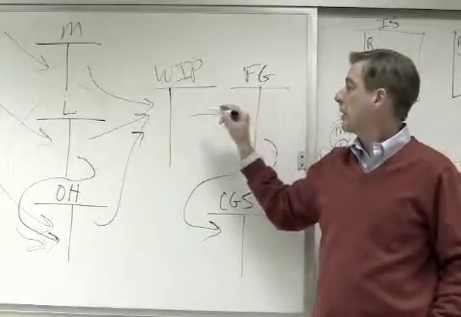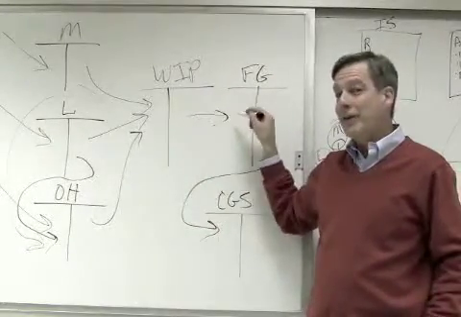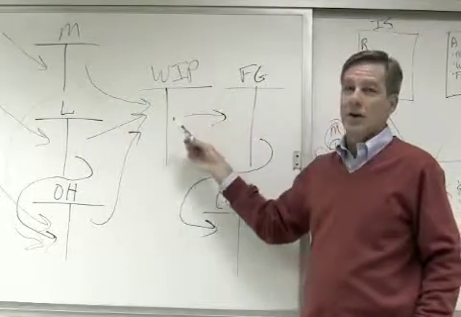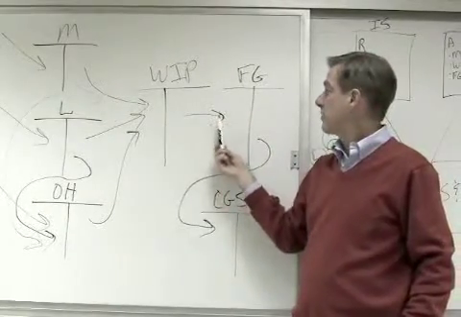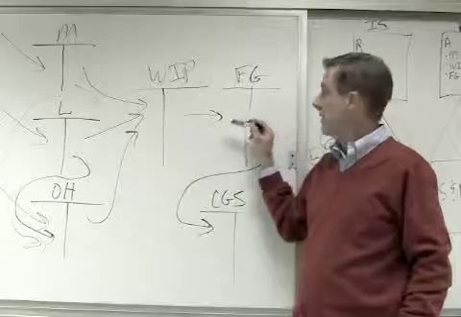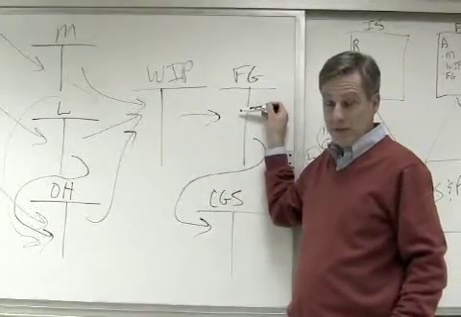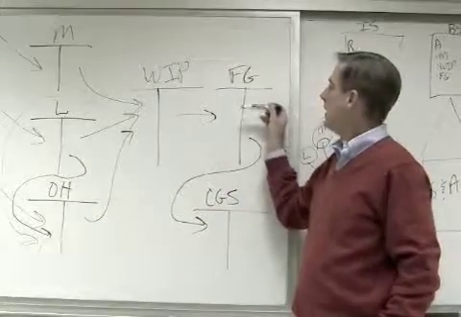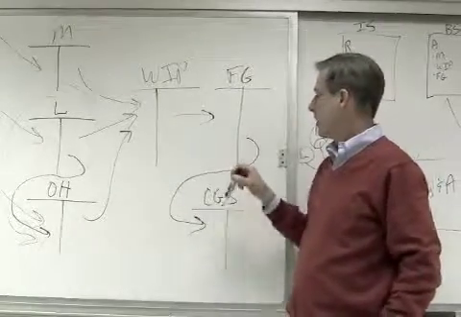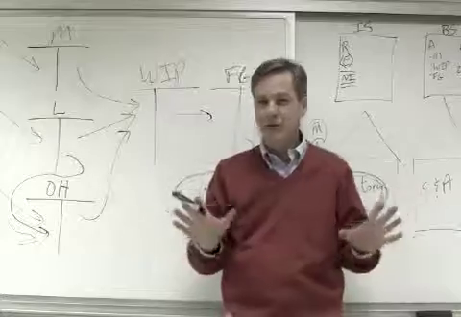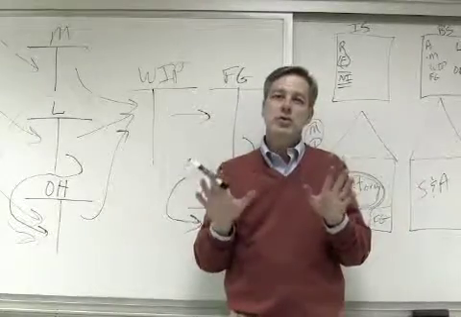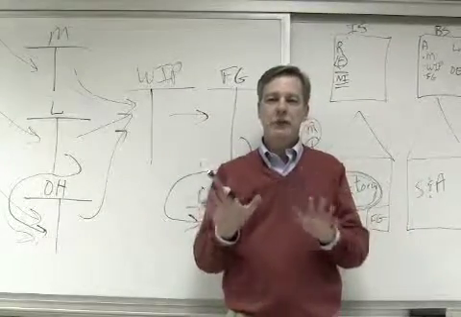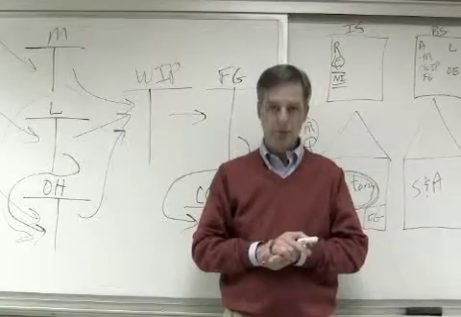The work in process out is going to be called cost of goods manufactured. So for finished goods, the in is called cost of goods manufactured. The out for finished goods is called cost of goods sold. Well, all this gets really confusing, and you need to know those terms if you're talking to managerial accounting people.